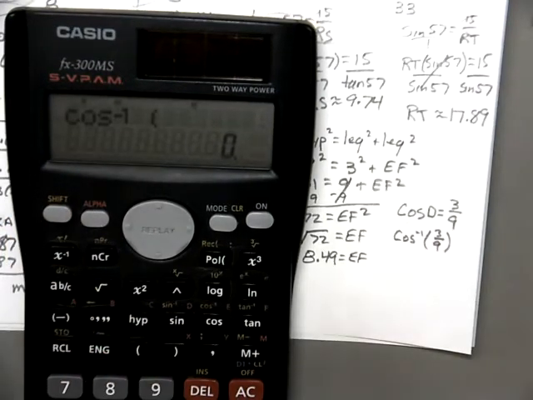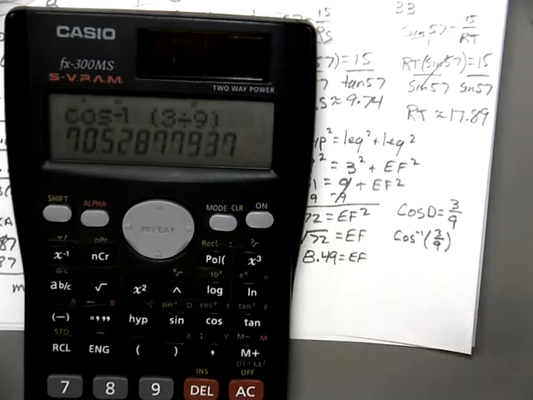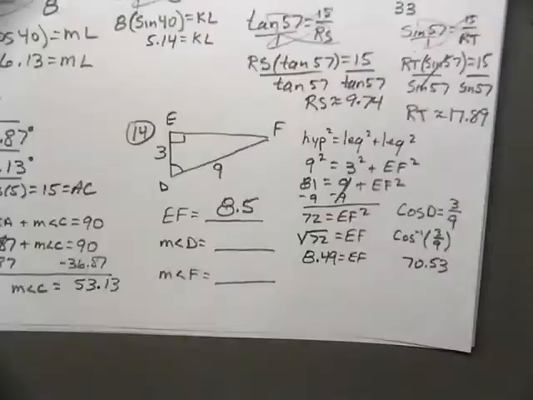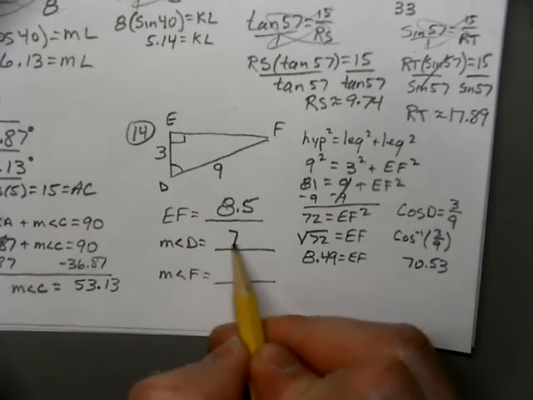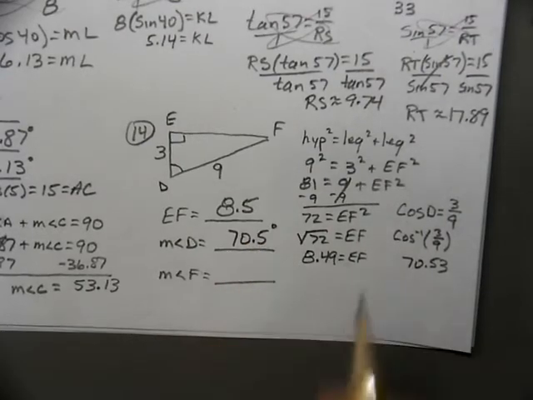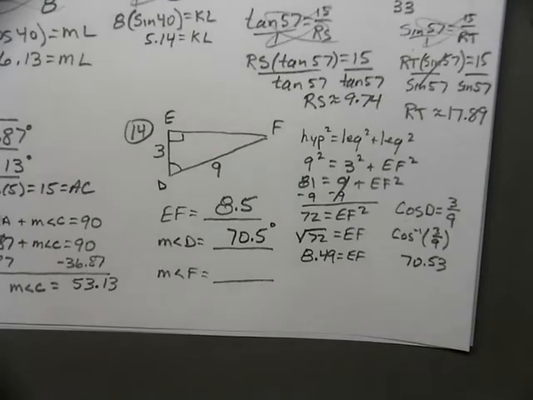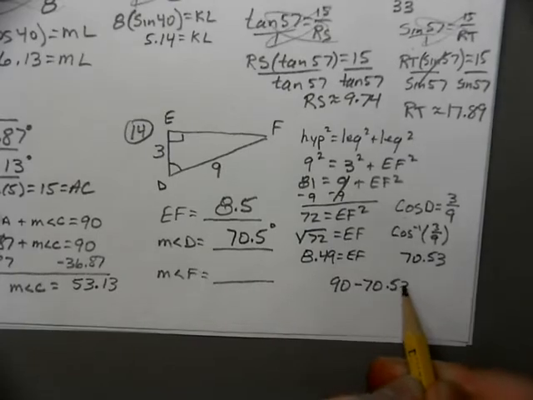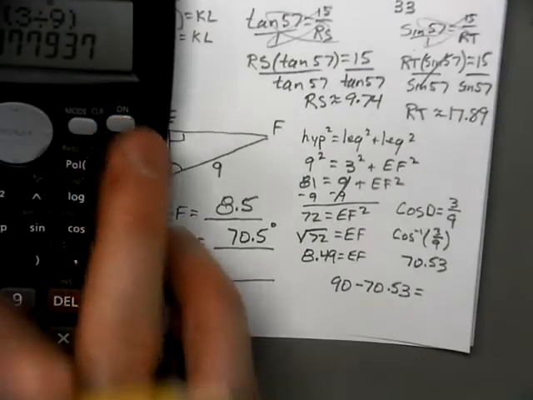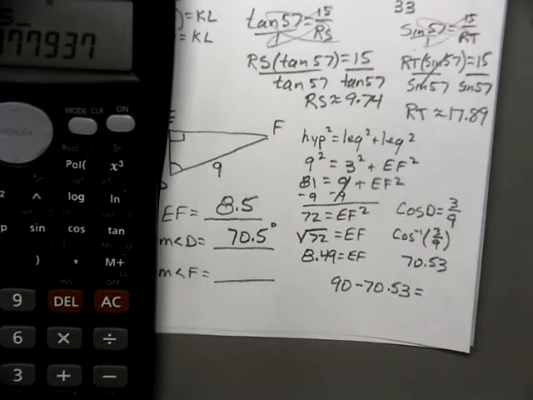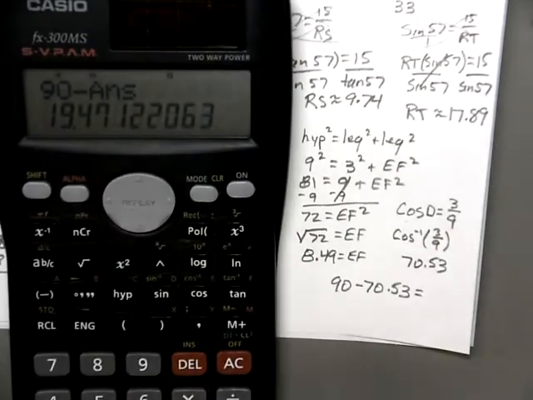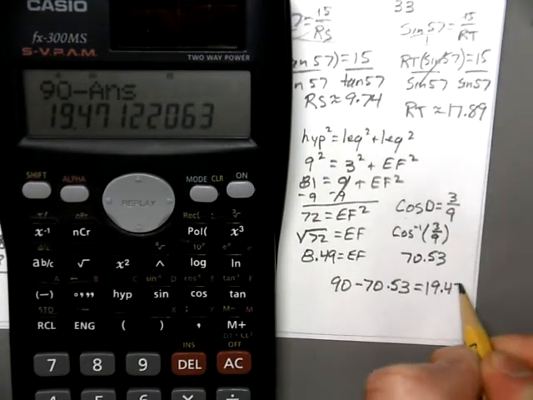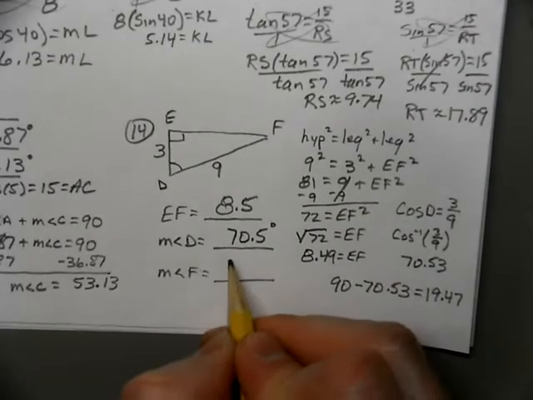So cosine inverse, you've got to use parentheses, comes out to be 70.53. So that's 70.5 degrees. And then 90 minus 70.53 is our angle F. So 90 minus this answer comes out to be 19.47. And that would also round to 19.5.